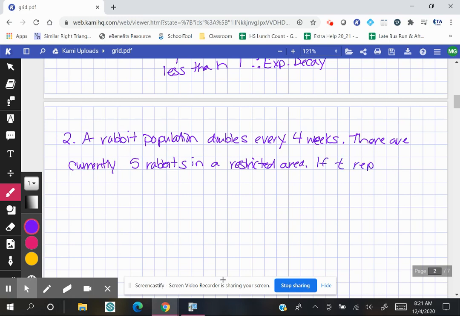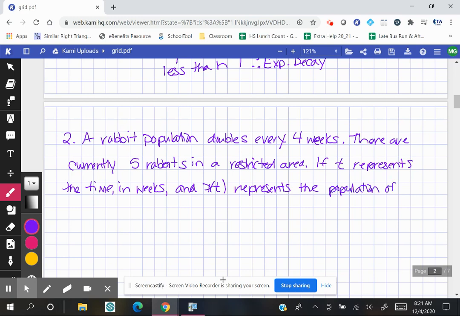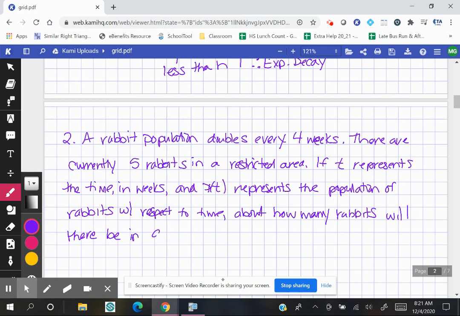If T represents the time in weeks, and P of T represents the population of rabbits with respect to time, about how many rabbits, and this is actually a multiple choice question on the Regents, will there be in 98 days?